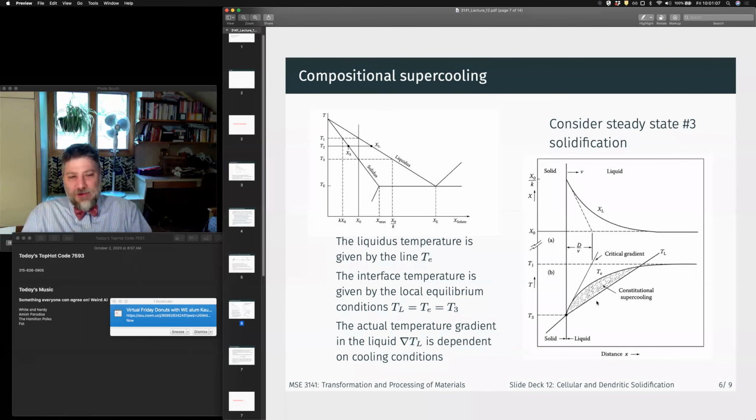Yes. Okay. The main thing I really want everyone to be able to explain is the origin of this compositional supercooling. If you can do that and apply a couple of simple calculations, assuming you know all the parameters here, then I'm over the moon. Okay?